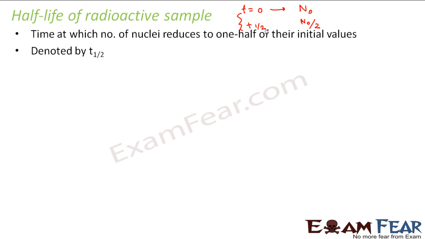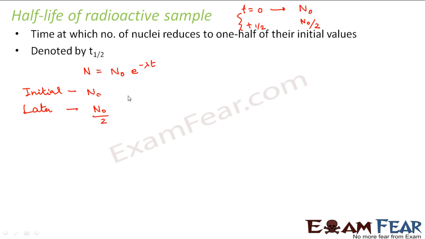Right? So now let us try to derive an expression for half-life of a radioactive sample. From the law of radioactive decay, N is equal to N naught e to the power minus lambda t. Initially the number of nuclei is N naught. In order to determine half-life, what would be the number of nuclei later?